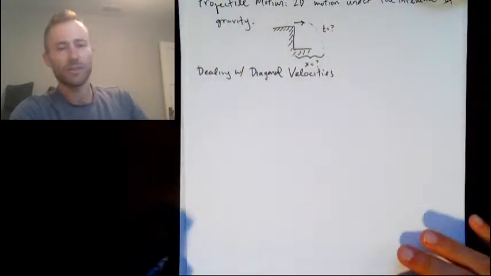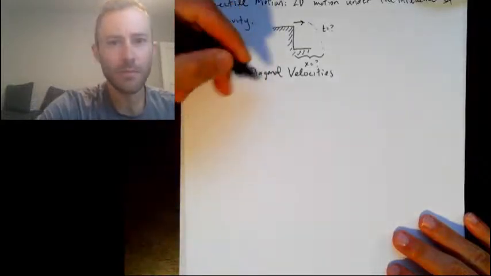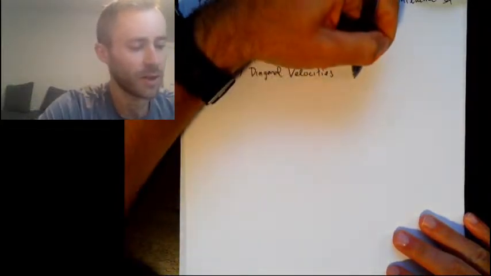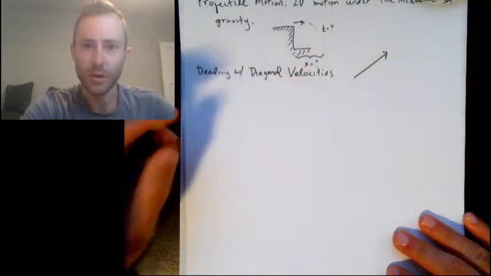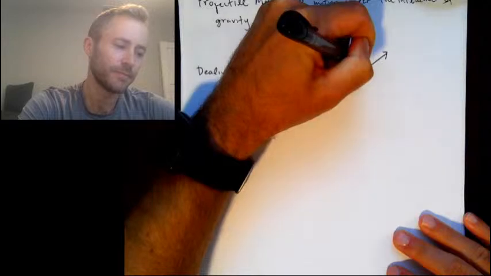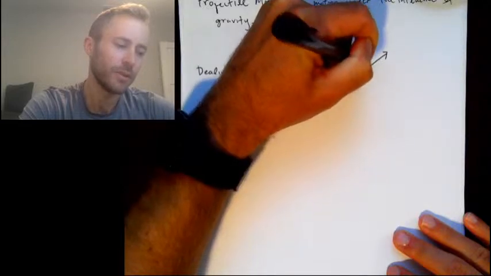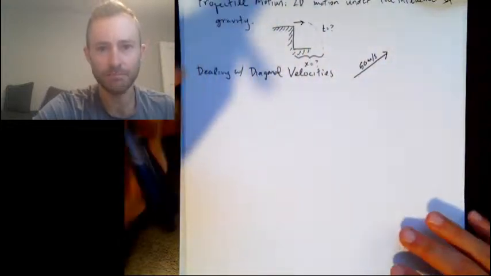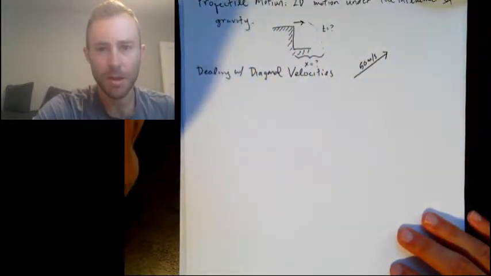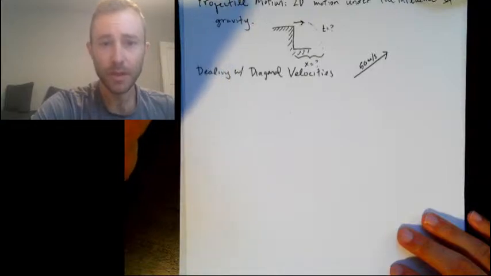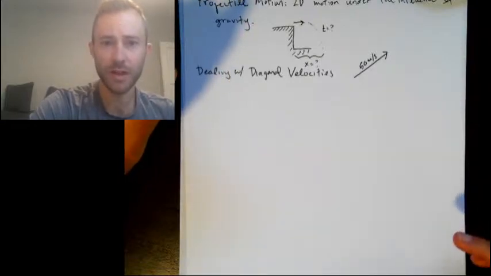So as an example, let's suppose that we have a velocity of, I don't know, 50 meters per second in that diagonal direction. So what we want to do is think about this velocity as a right triangle.